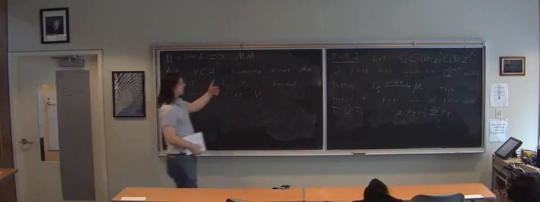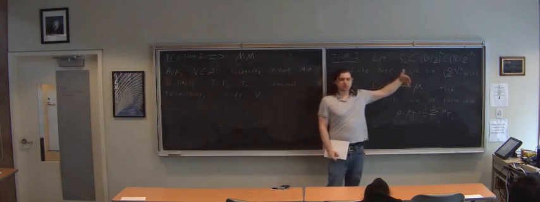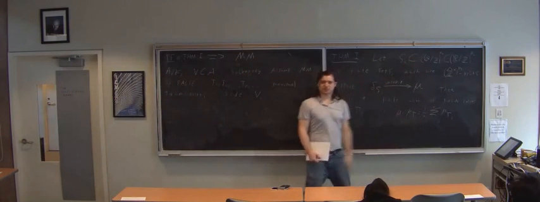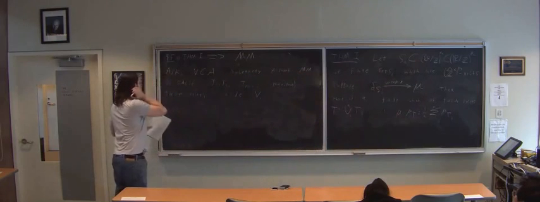So now the idea is again to pick some sequence of torsion points in which to apply this theorem and then to get some sort of contradiction. Okay, so how do we do that?